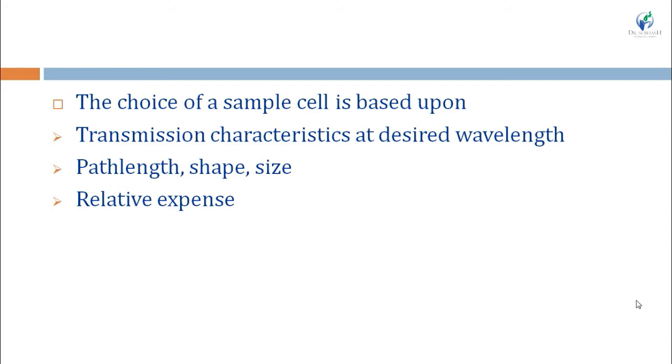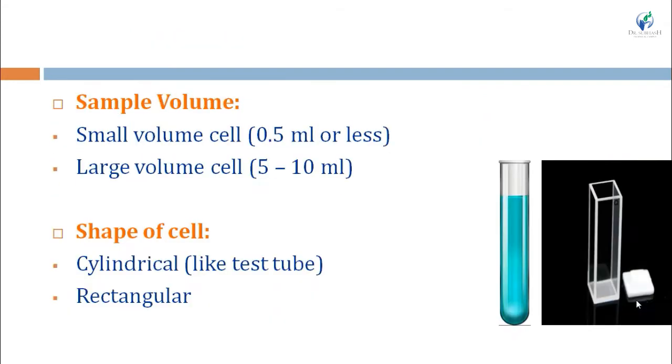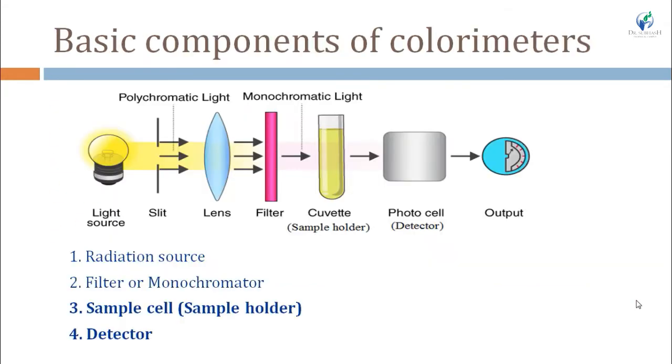Now the fourth and the last component of the colorimeter is the detector. We have seen that radiation coming to the sample is known as incident radiation, and the radiation after passing through the sample is known as transmitted radiation.